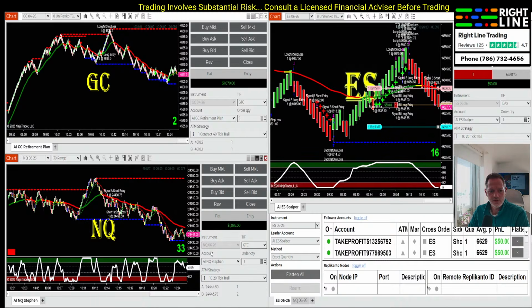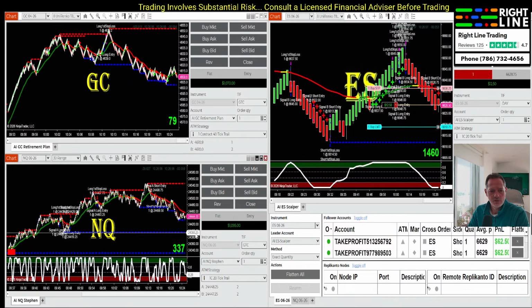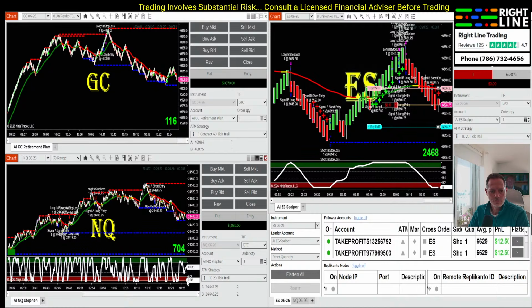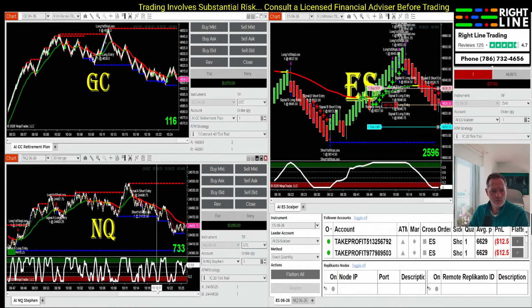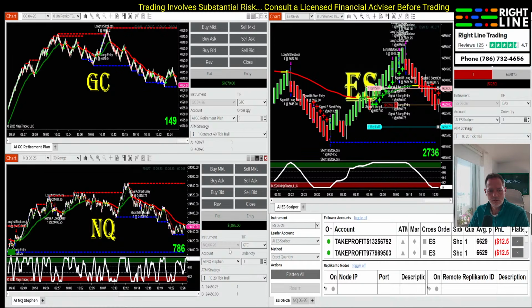Trying to work 450 over here, see if it's going to hold up. If not, the next level's down about 400. Holding 450.